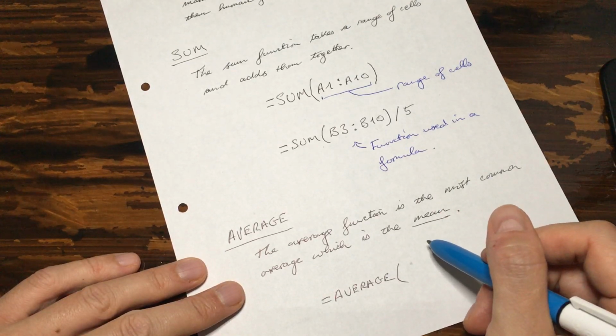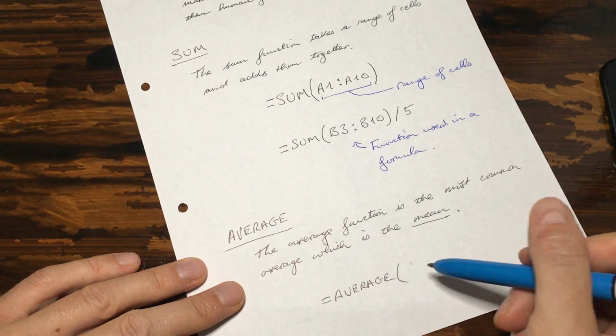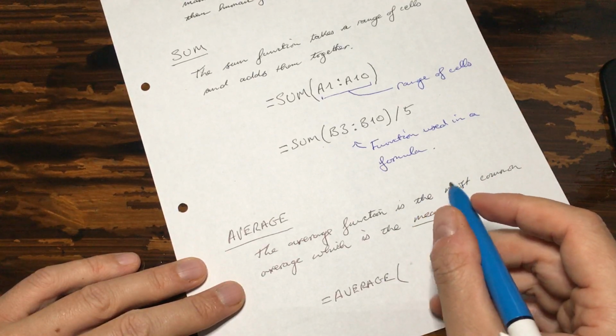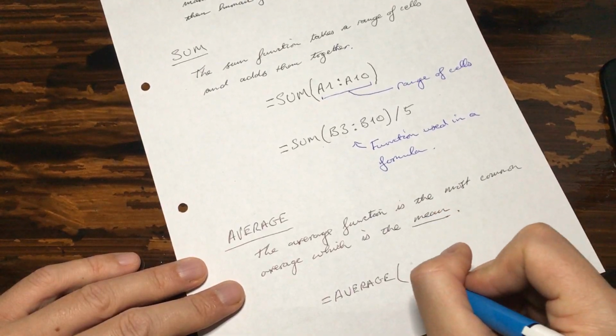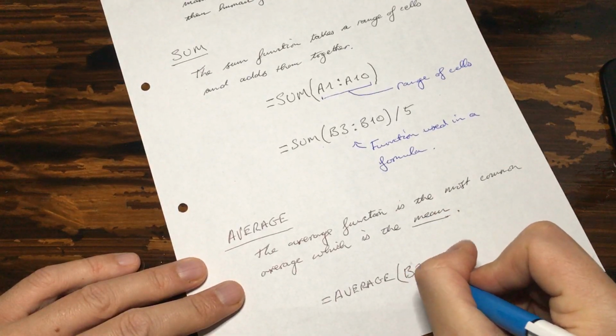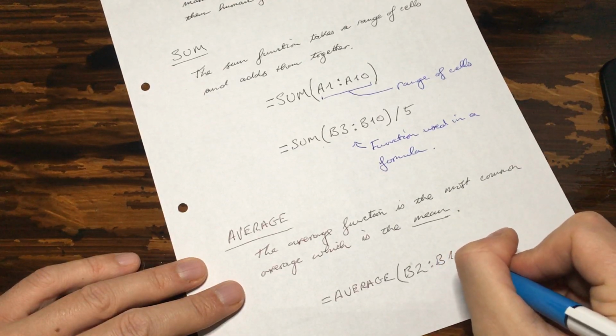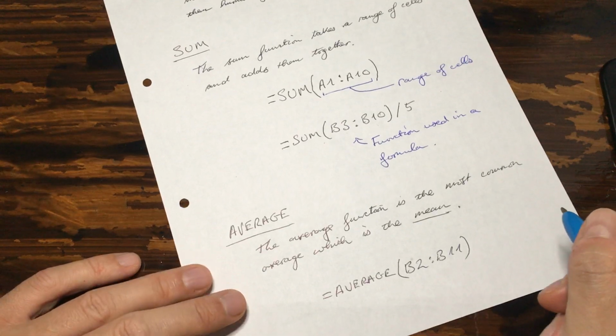Instead of having to write a formula for it, you can just write this average. So the way it will work would be if I do, let's say, B2 to B11 as an example.